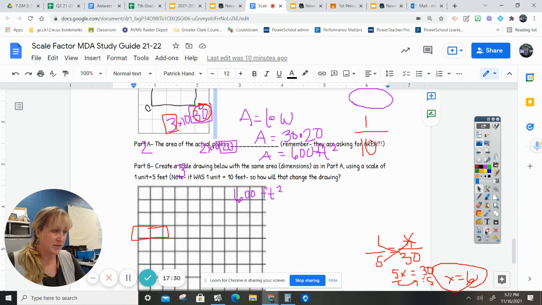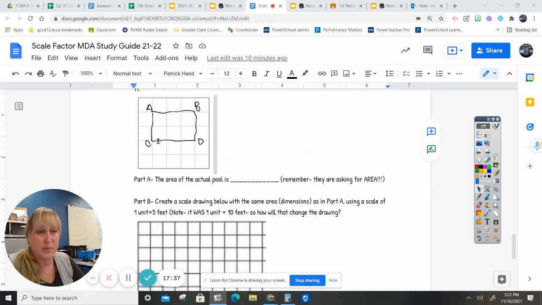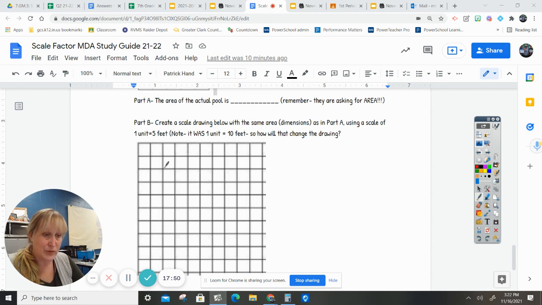So your drawing down here will be that you need to change it from 3 by 2 to 6 by 4. And that's a lot. I know that that's a lot. I will tell you that you need to think about that same thing when you go to take that test. So 3 turns into 6, and that 2 turns into 4. So this becomes 6 and 4.